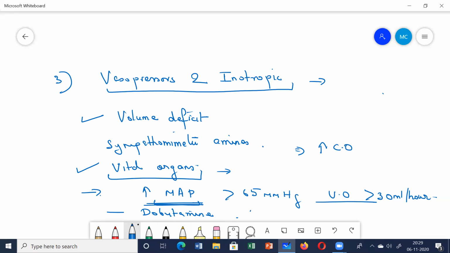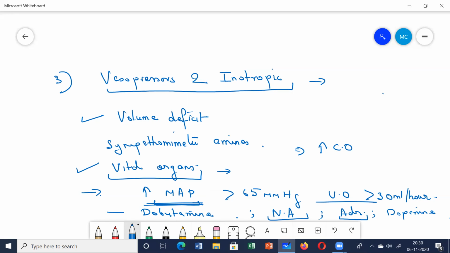And in general, if you want to use a vasopressor to increase the BP, the main drug which is used is noradrenaline. Noradrenaline is the first vasopressor of choice. If an additional agent is required, if you're not achieving the desired effective vasoconstriction, then in addition you can add adrenaline, or you can add dopamine.